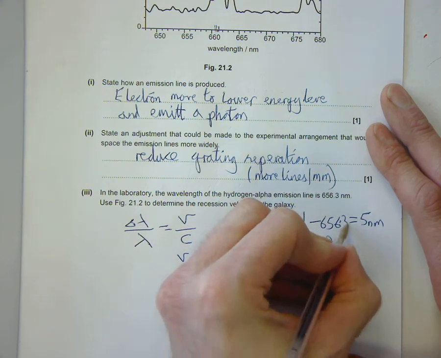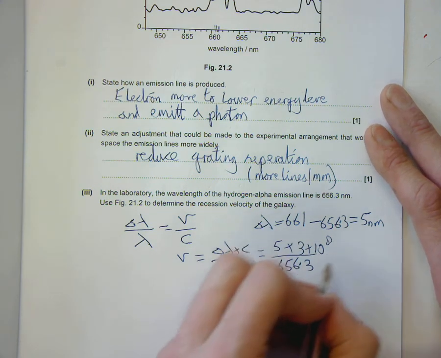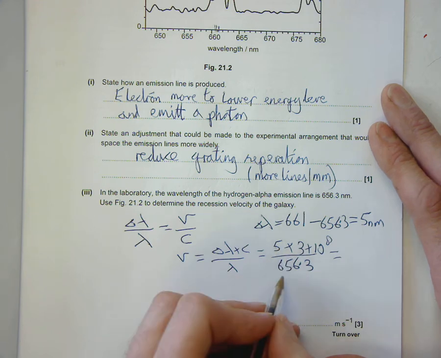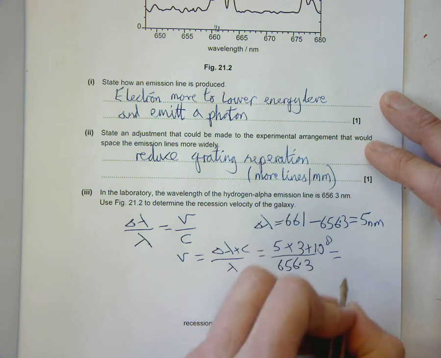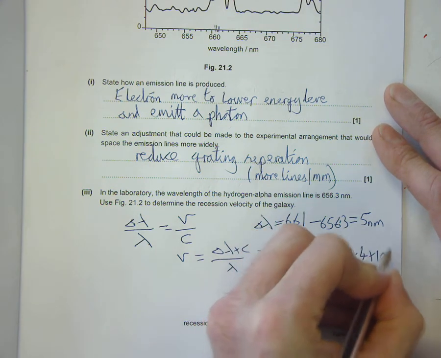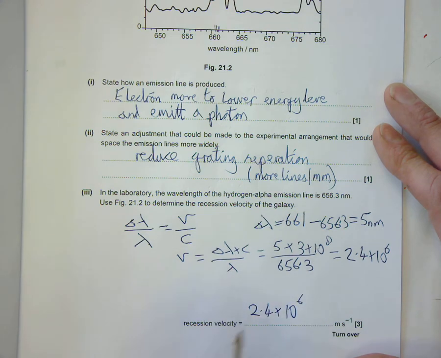I guess if we put 0.3 there, it's slightly less, but that'll do. Now, do I need to put times 10 to the minus 9? I could, but it will cancel out, so there's no need. If you stick the numbers in, the recession velocity comes out about 2.4 times 10 to the 6. So there it is, 2.4 times 10 to the 6.